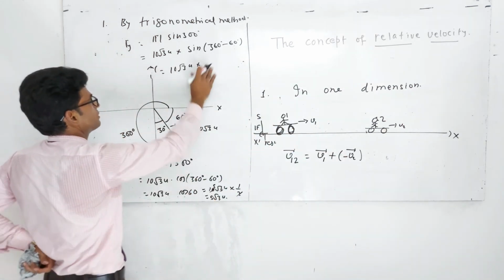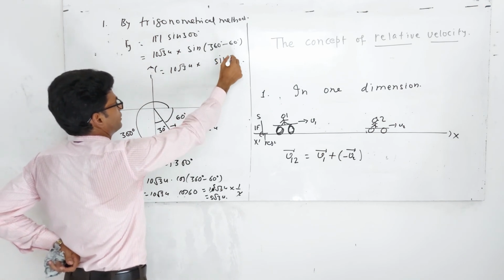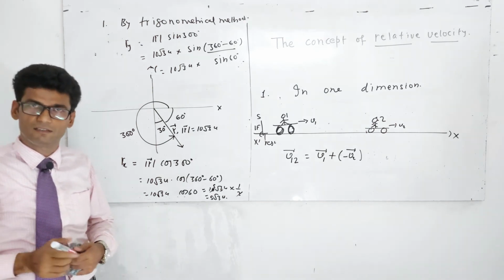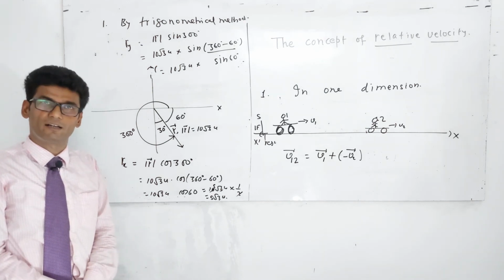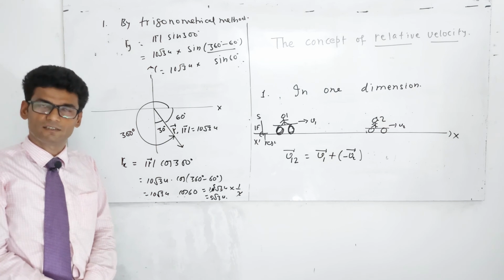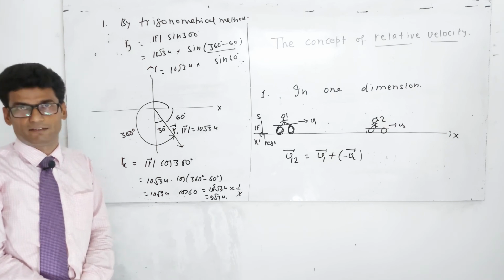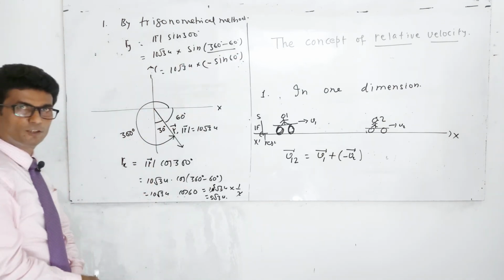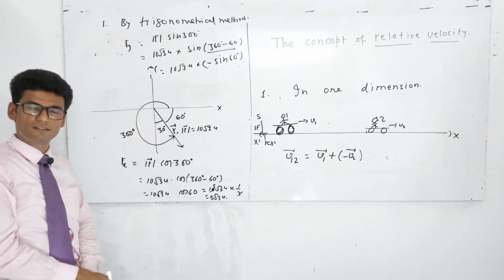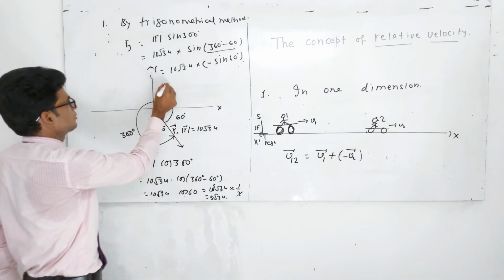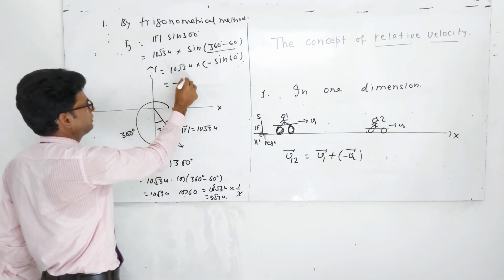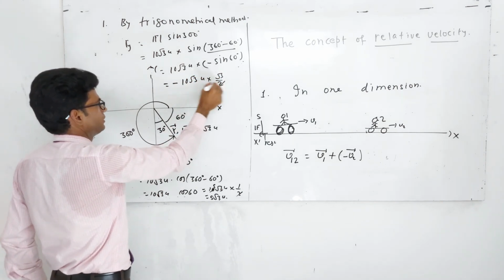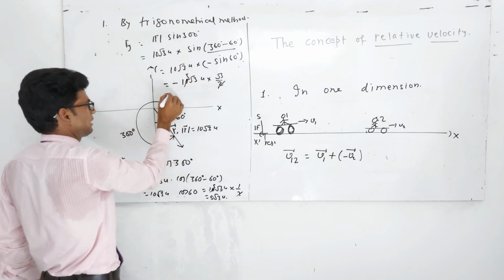So here this is sin 60 degree, but this angle is in the fourth quadrant, where sin and cosec are negative. So put a negative sign on the basis of the sign of these trigonometric functions. So this comes to 10 root 3 unit multiplied by sin 60 degree, root 3 by 2, which is 5 root 3 times root 3, minus 15 unit.